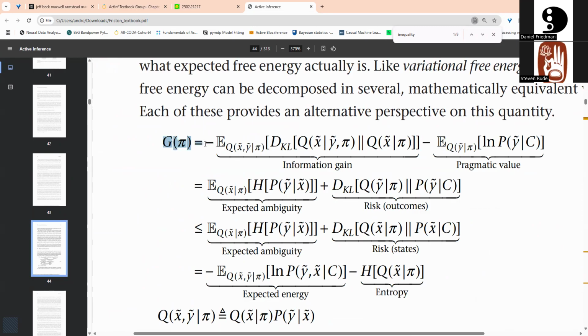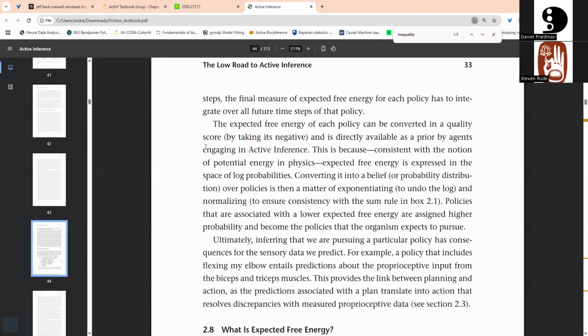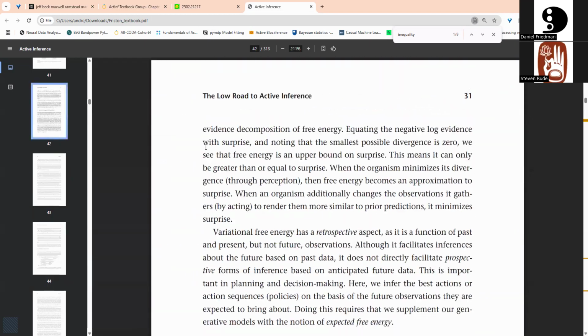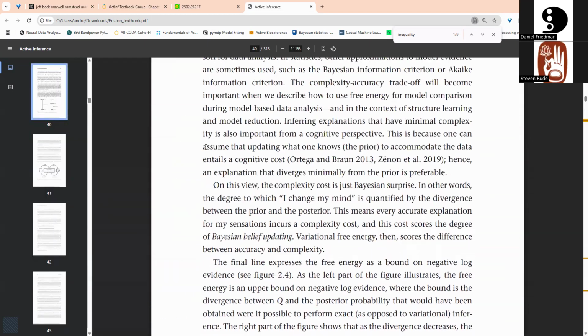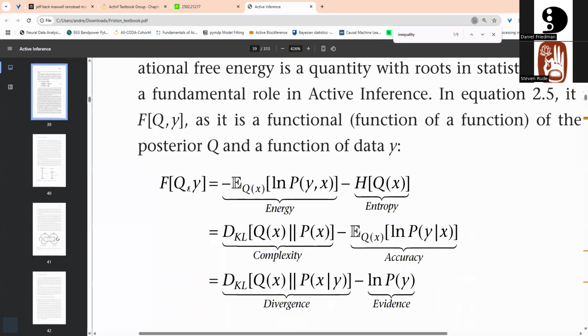Whereas F is pretty reactive, in a sense, in that it takes in an observation, computing free energy to compute your posterior over states, meaning I took in this observation.